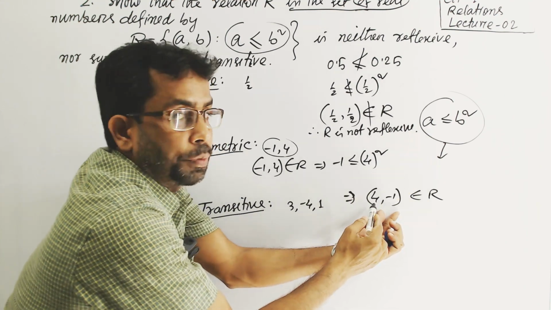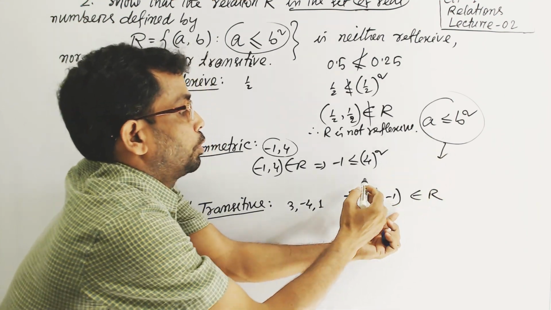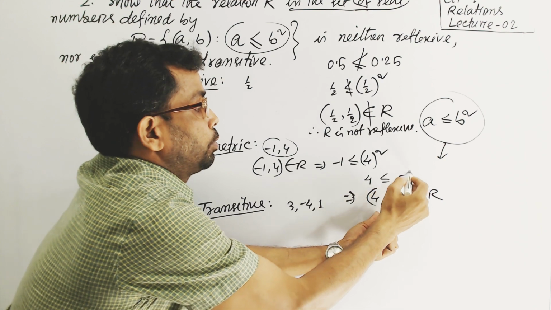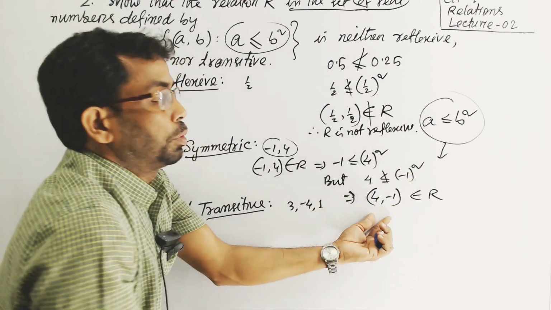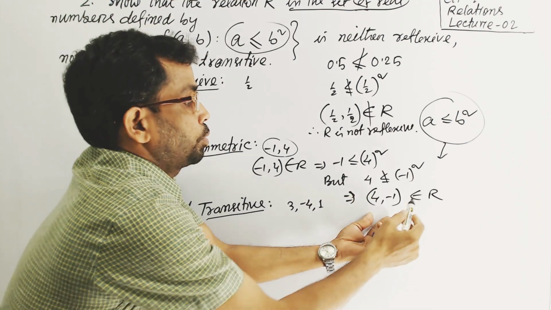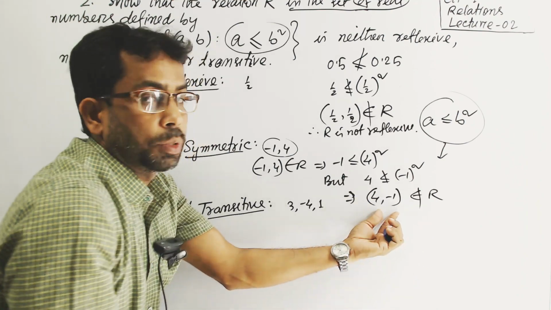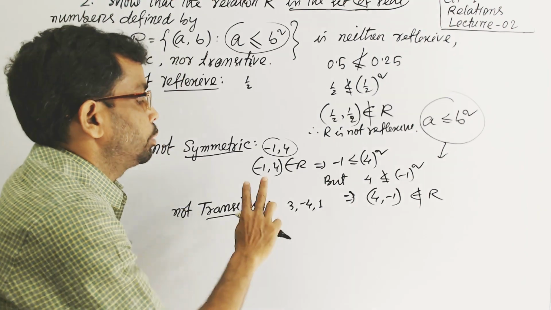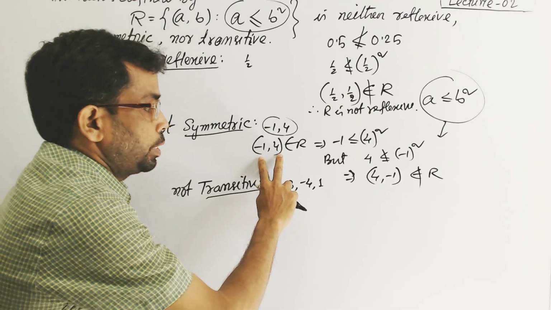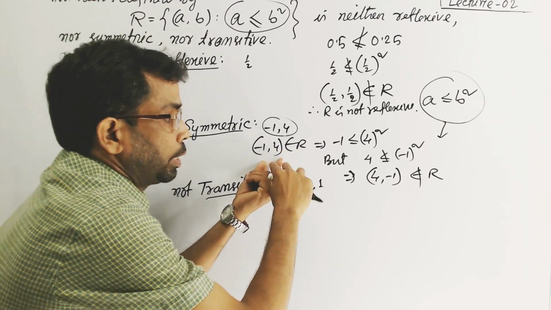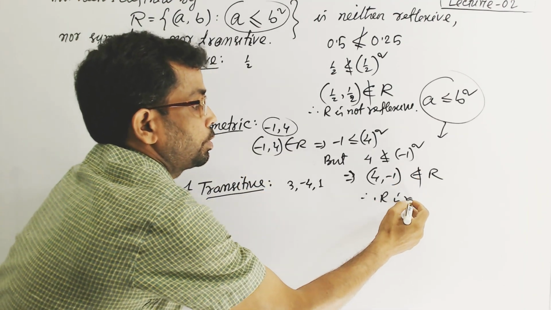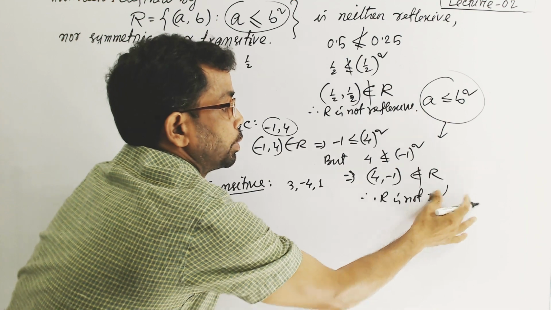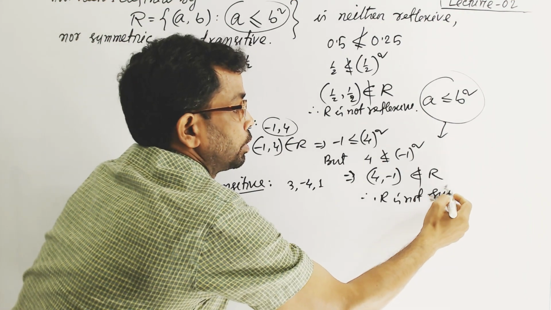In this case a is 4 and b is minus 1, so a must be less than or equal to b square. But this condition is not true. 4 is not less than (minus 1) square, and hence (4, minus 1) is not in the relation. That means the pair (minus 1, 4) is in the relation, but the pair with reversed order is not. Therefore the relation R is not symmetric.